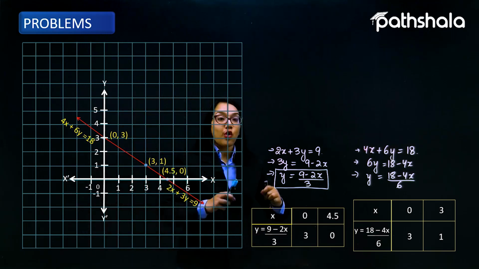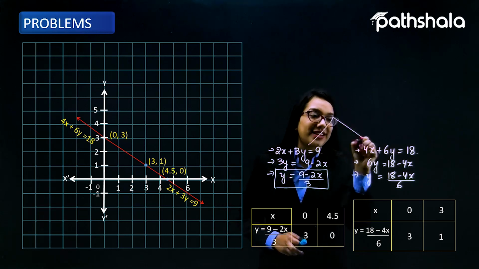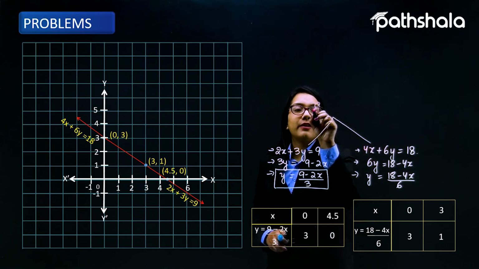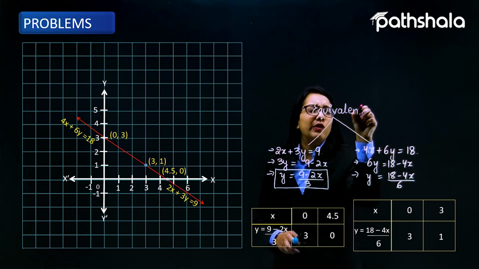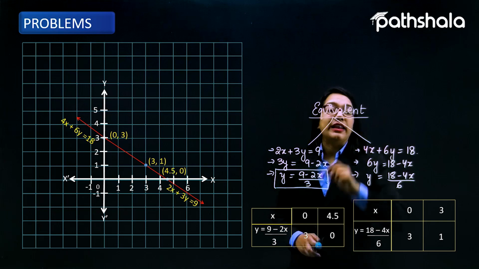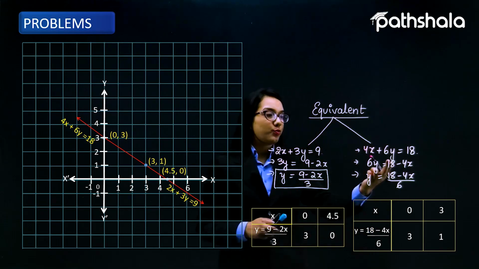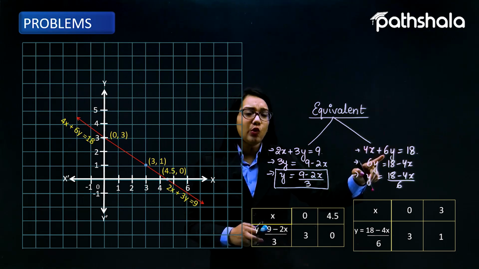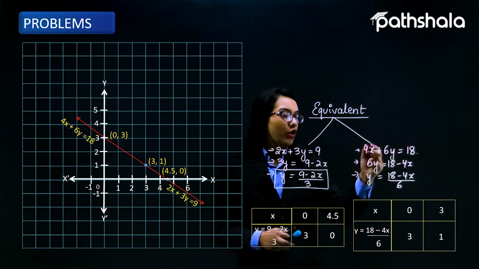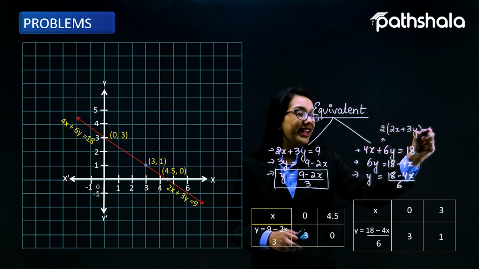So the nature of these two lines is coincident, and we can also call them equivalent. They are called equivalent equations because one can be expressed in the form of the other, as you can see here. If I take 2 common out of it, we can express it as 2 times (2x plus 3y), which is equal to 18.